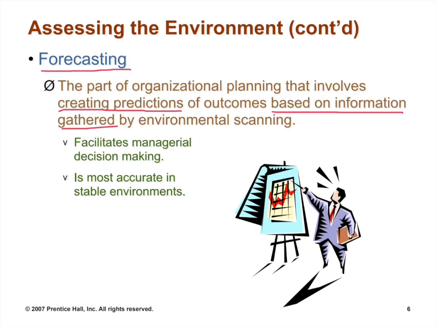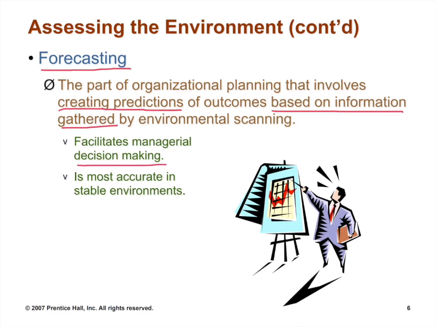The prediction is useful for managers, for example, for decision making. But the forecasting is not accurate when the environment is dynamic. Forecasting is most accurate in a stable environment. But in a dynamic environment, we cannot use forecasting or prediction. Okay.